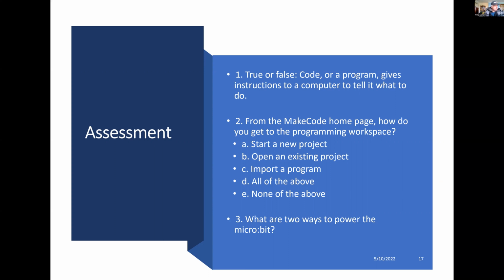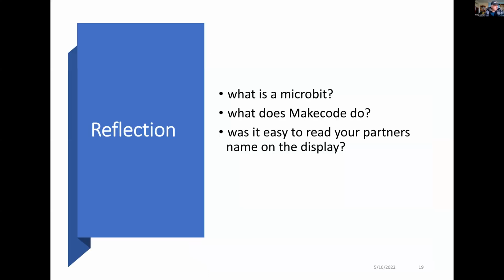A, B, C, D, or E? And the last question is, what are the 2 ways to power your microbit? Okay, see if you can find the answers to those 3 questions.